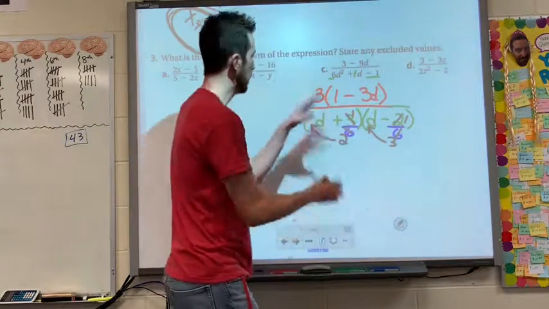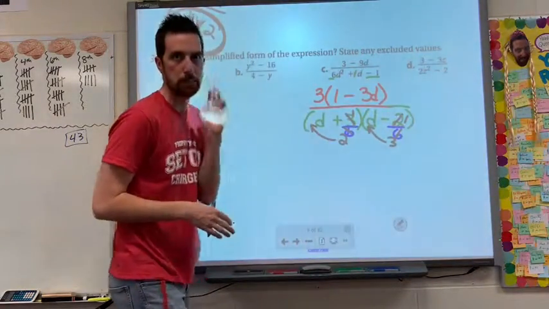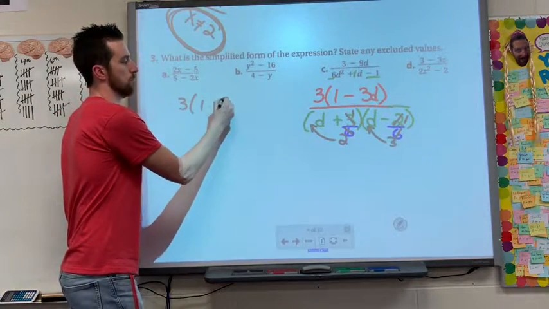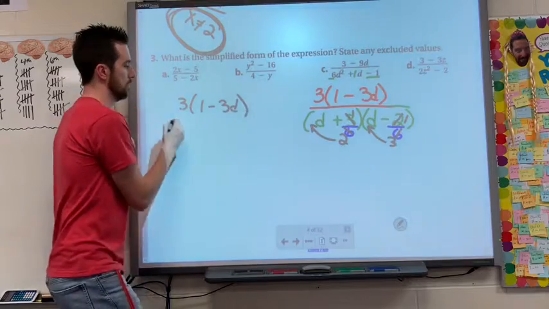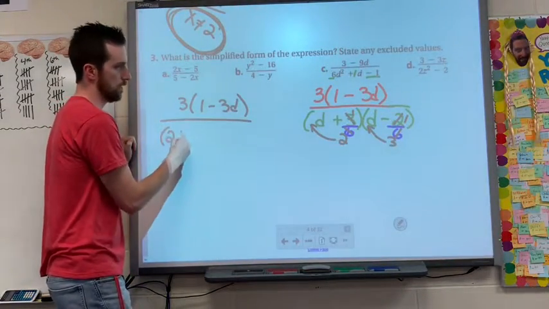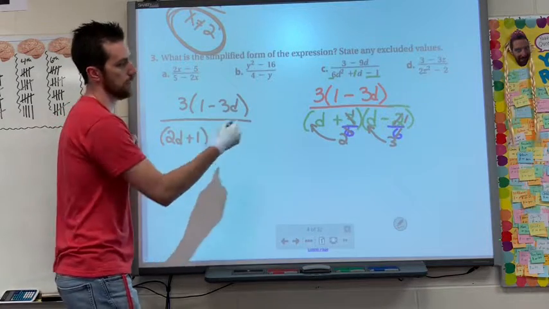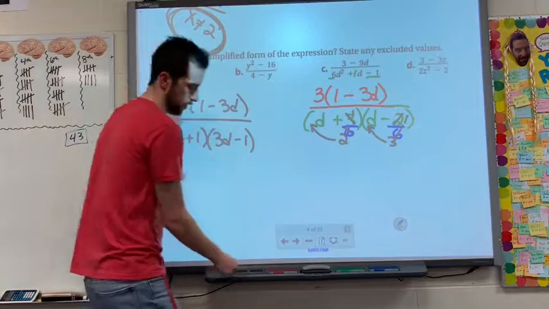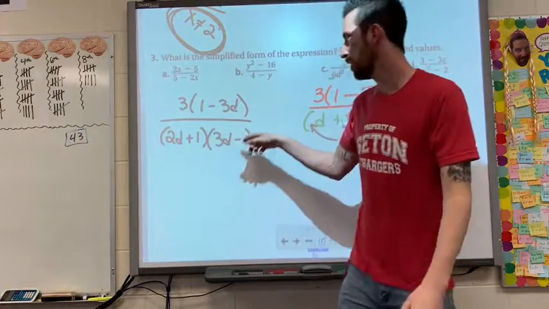So cleaning it up, ignore these because I'm gonna steal their spot right here. We have 3 parentheses, 1 minus 3d over 2d plus 1 and 3d minus 1. Nice. Look at that.